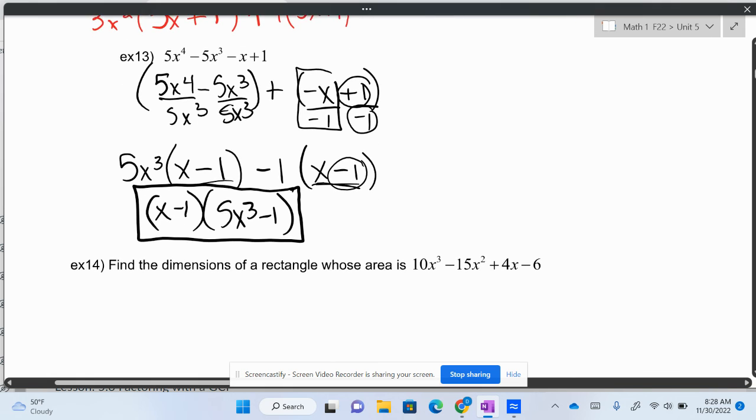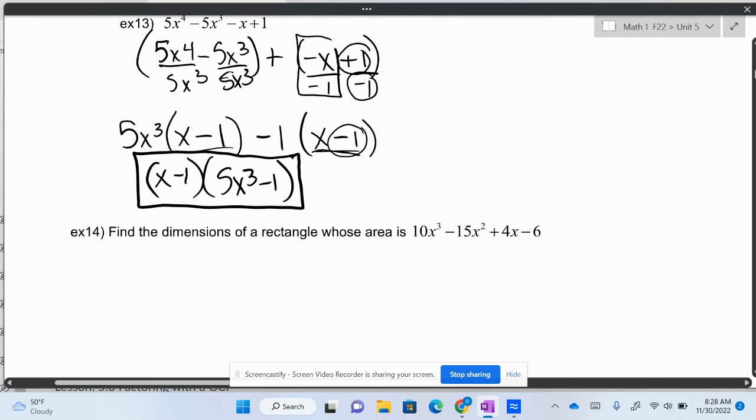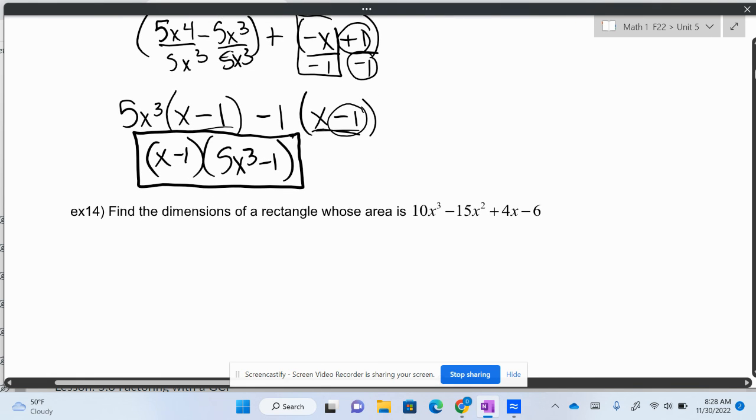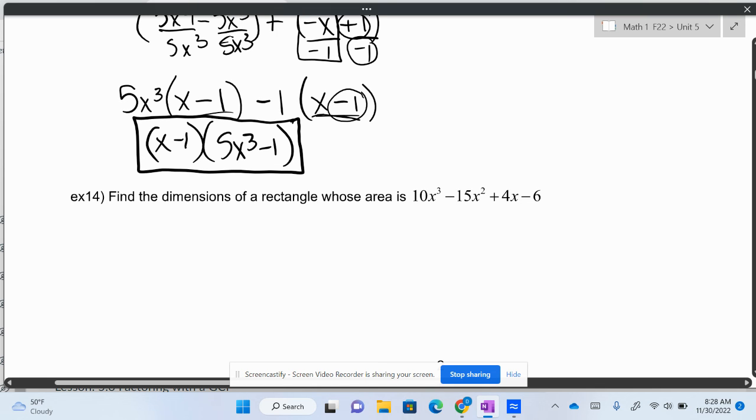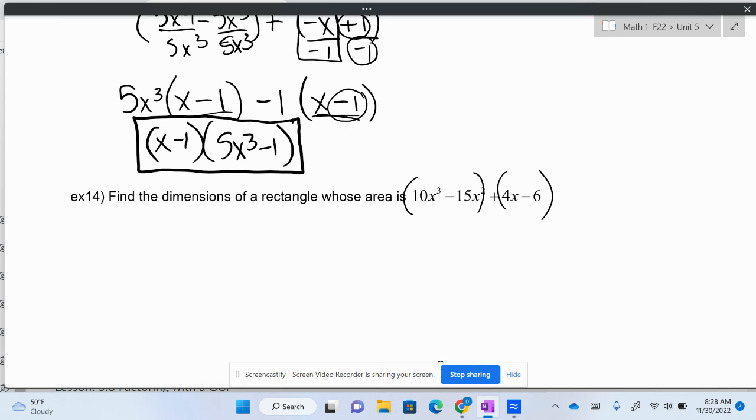For number 14, we're given a polynomial, 4 terms, and we have to find the dimensions of a rectangle. This represents the area of the rectangle, so this is going to be another grouping. Out of the first term, I can take out a 5x squared. Out of the second term, I can take out a 2.